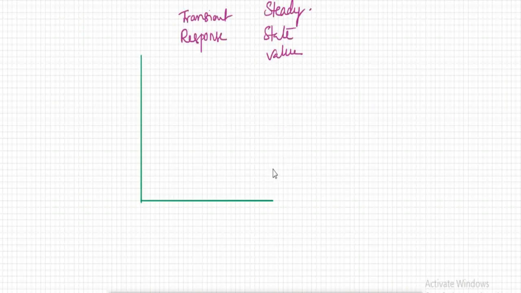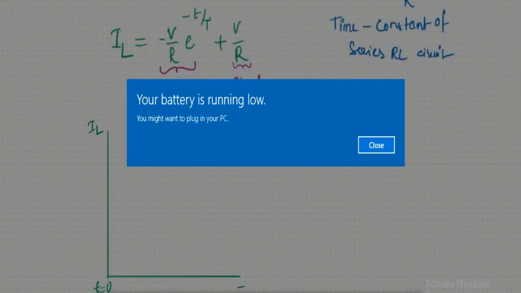So here we are going to see the graph between time t versus inductor current IL. So this is time, this is inductor current IL. Initially there was no voltage source connected to the RL circuit. So that means the IL was 0 at t is equal to 0.